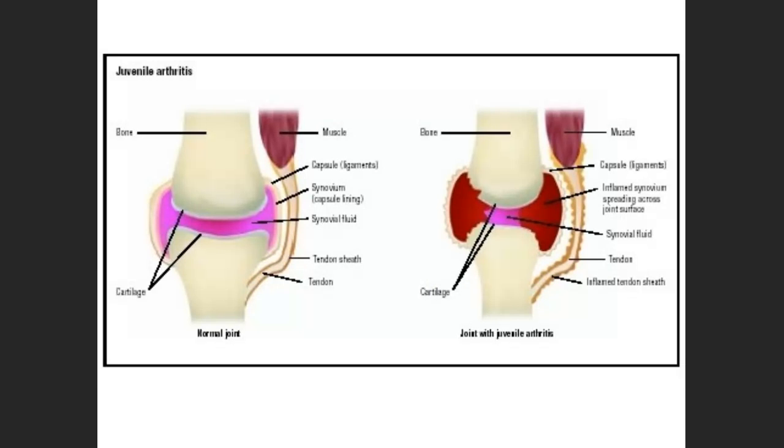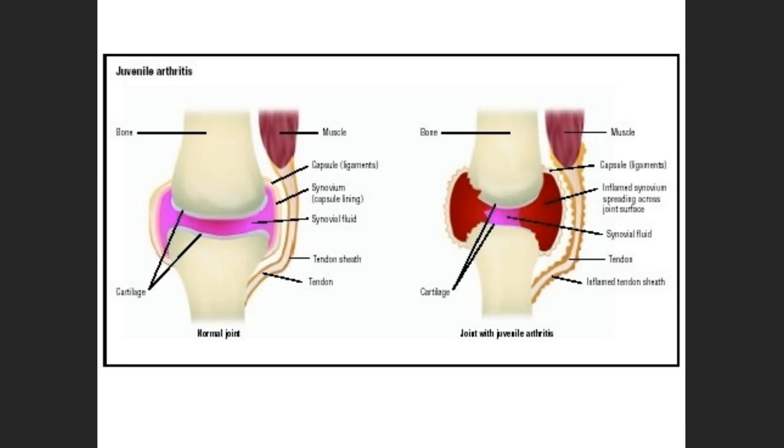There will be stretch on the synovial sheath, stretch on the ligaments around, stretch on the capsule. There will be inflammation extending to the tendons which pass through the joint. The muscles also will be inflamed and they will become spasmodic. So this is the initial stage.